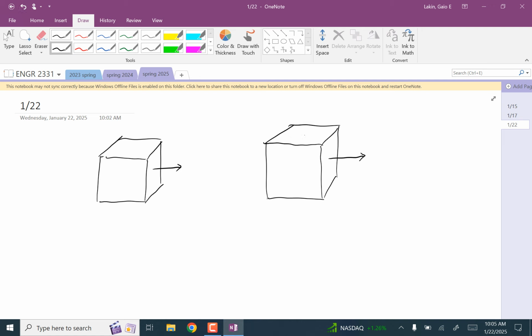So this one would be uniaxial, whether it's in tension or compression, it doesn't matter. This one would be biaxial. Any other questions on the homework? Okay.